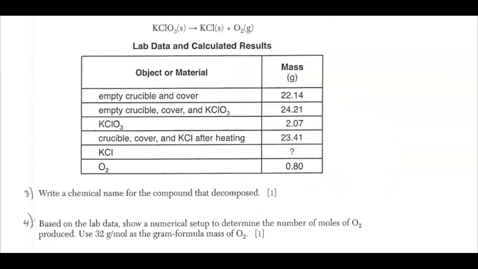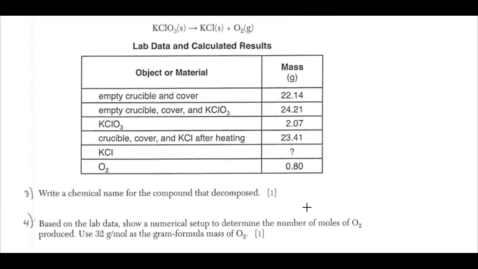All right. In these 2 questions, they refer here to the decomposition of KClO3 and this lab data. While question 4 isn't related to reference tables E and F, I'm leaving it in because both of these questions were given together on one of the old Regents exams.